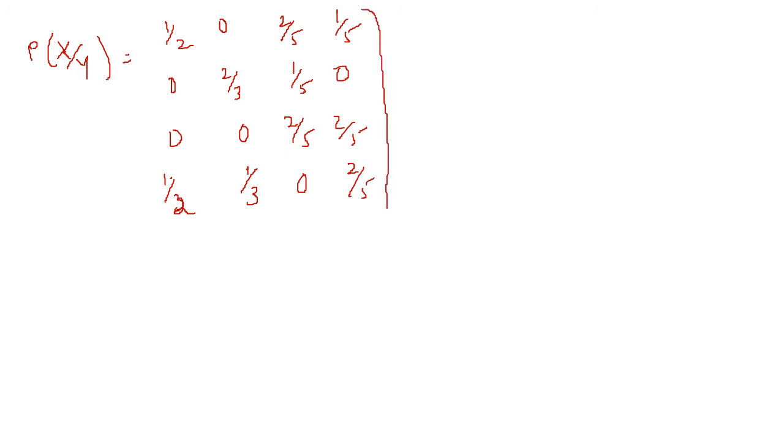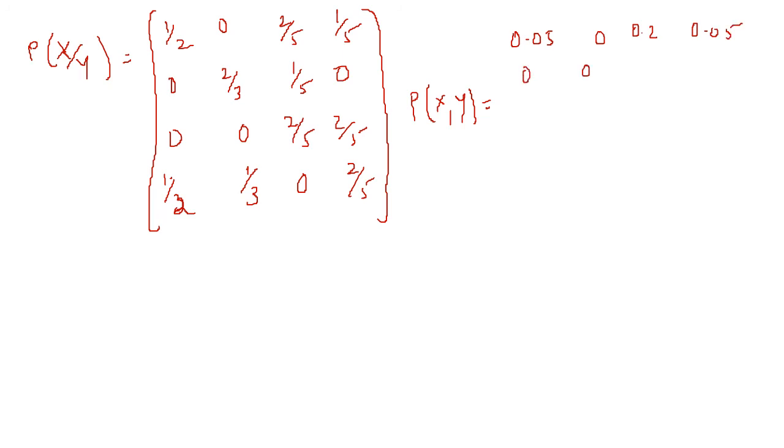So this is the P of X by Y channel matrix, and the given joint probability matrix P of X comma Y is: first row 0, 0.05, 0, 0.2, 0.05. The next row is 0, 0.1, 0.1 and 0. Third row is 0, 0, 0.2, 0.1.